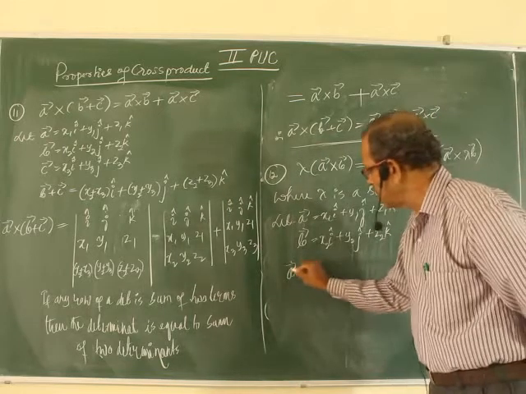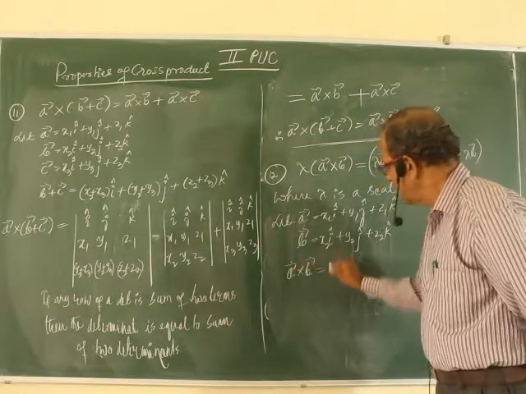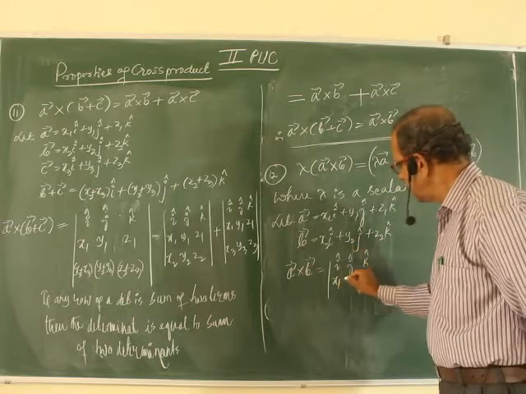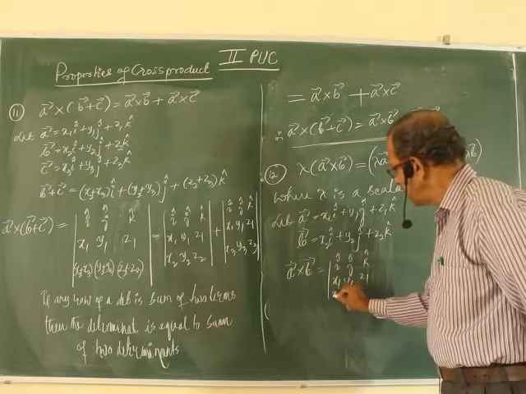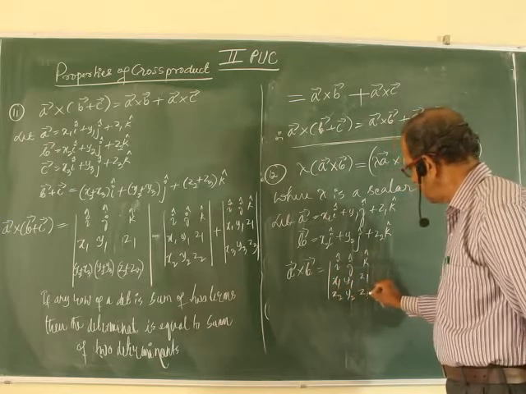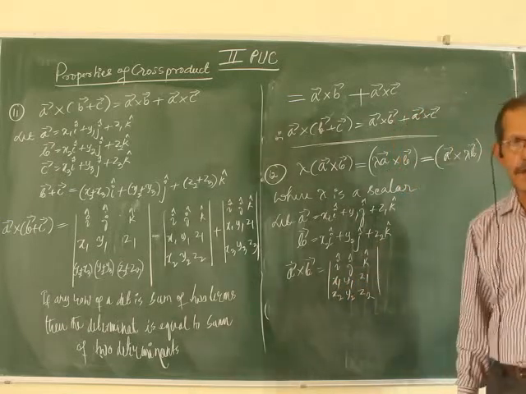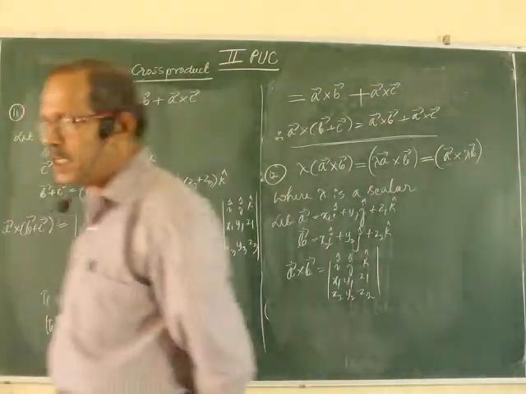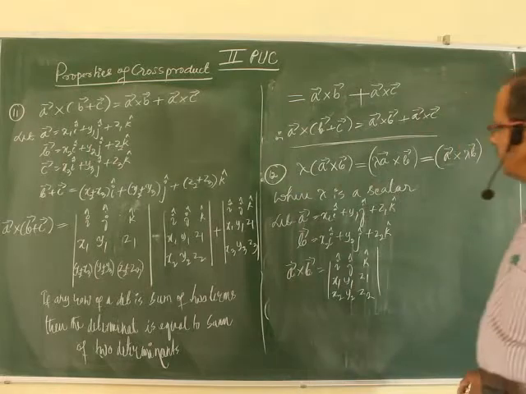A cross B equals the determinant with rows i j k, x1 y1 z1, x2 y2 z2. A cross B is just the value of the determinant.